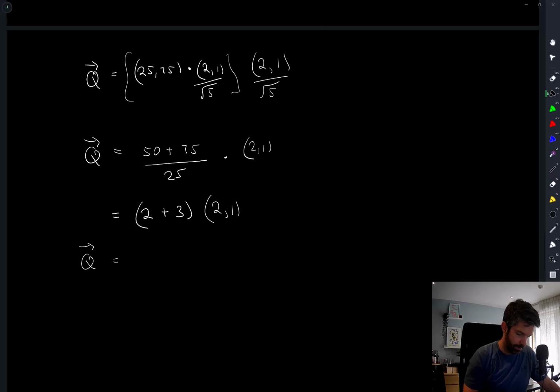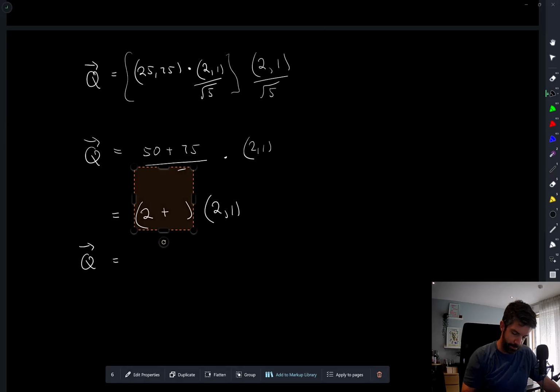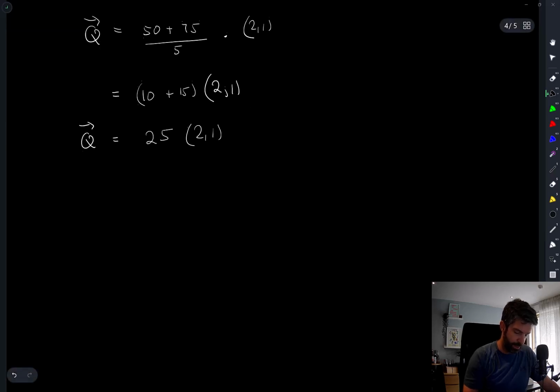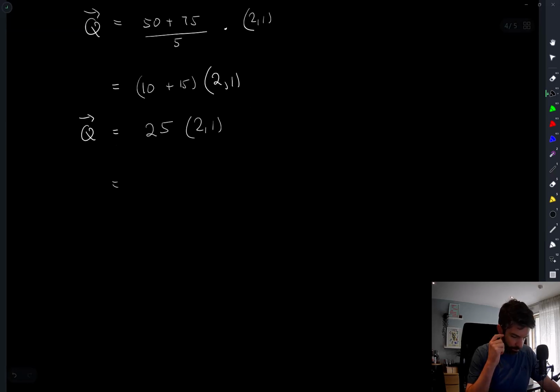So the vector Q, oh shoot, divided by 5, not 25. 10 plus 15 in that direction, so 25 in this direction, (50, 25).